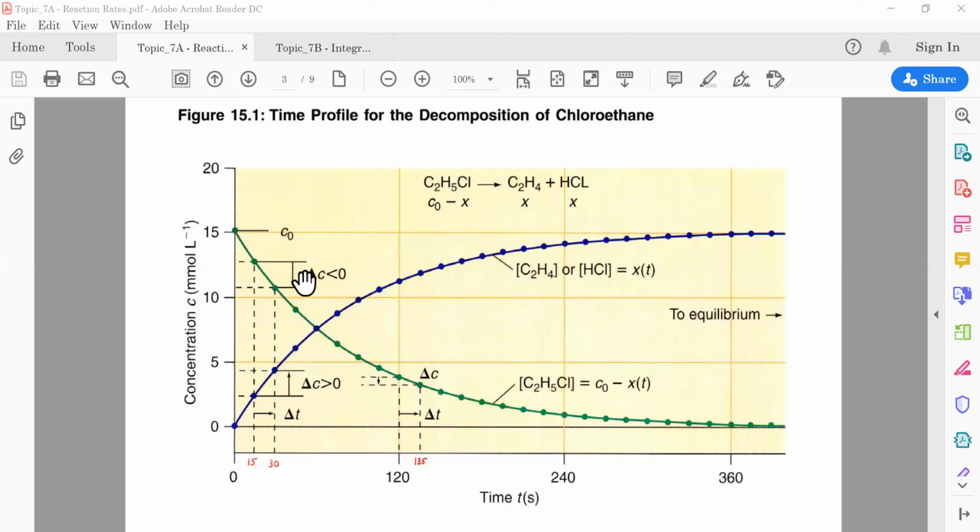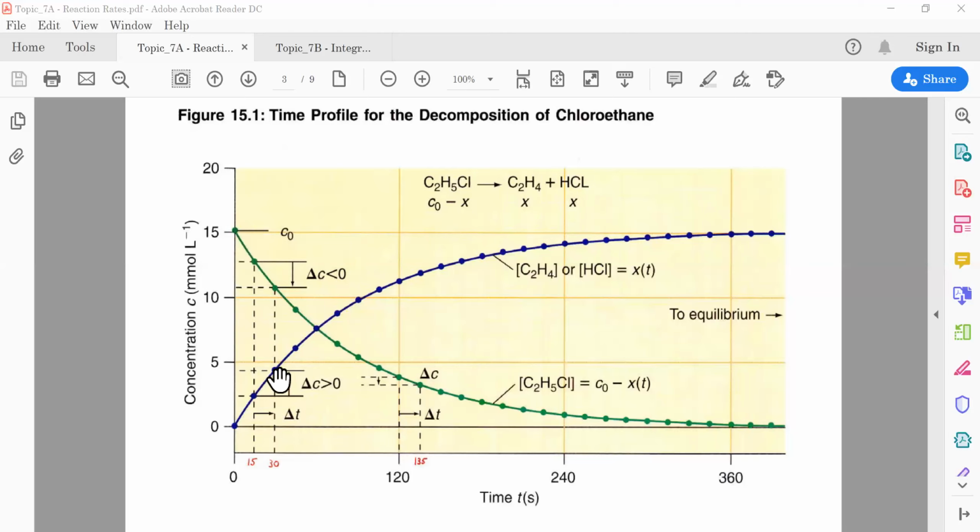It's less than zero because it's reacting away. It's a negative amount. The same time interval, 15 to 30 seconds, can be referred to on the product curve for the ethylene and the hydrogen chloride. And of course, the increase in concentration, which is now greater than zero, has to be exactly the same as the decrease in concentration of the reactant, because the ethylene and hydrogen chloride are in a 1-to-1 ratio with the ethyl chloride reactant.